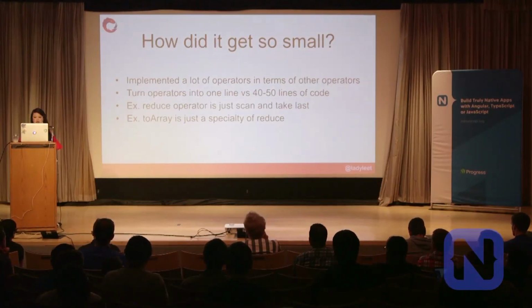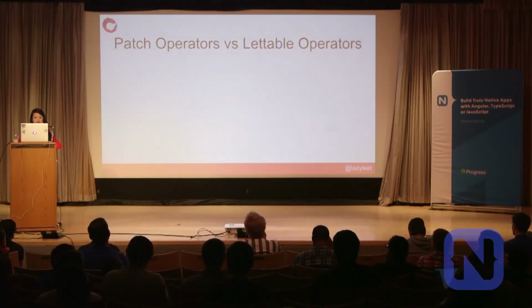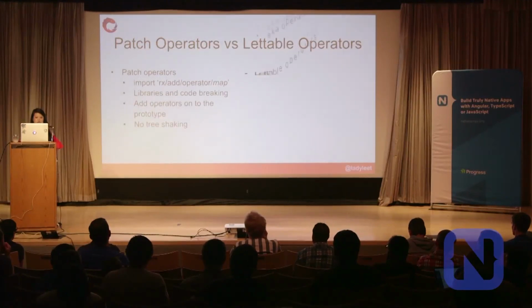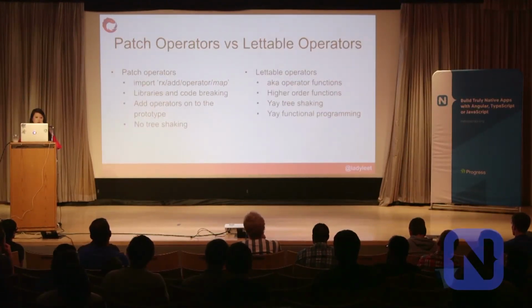So that's awesome. Another problem is right now all the operators are patched onto the prototype, and that's bad because people end up writing libraries and adding operators to Observable, and then people don't realize it and code breaks and it's a mess. Also there's no tree shaking, right? So now lettable operators was just done.